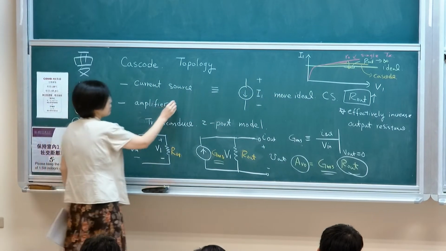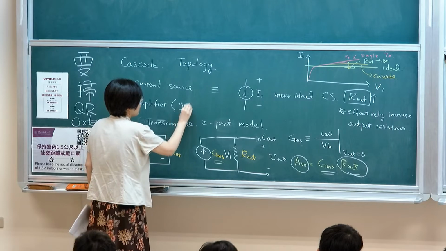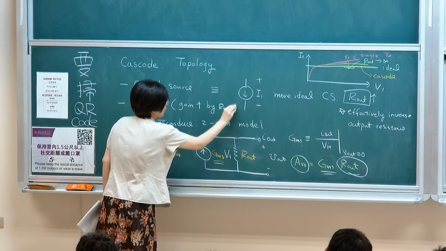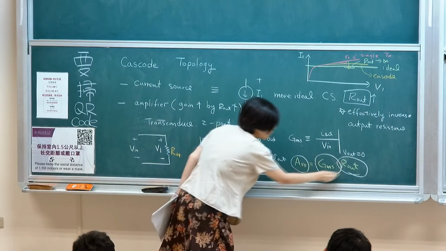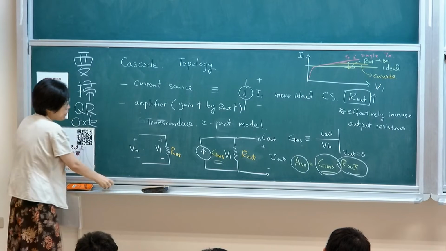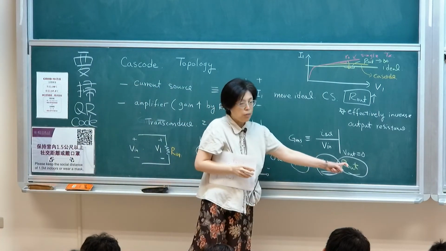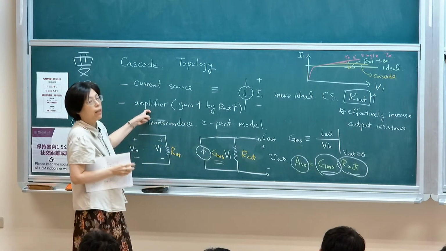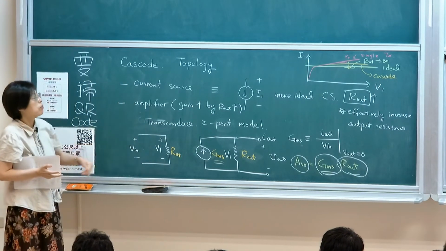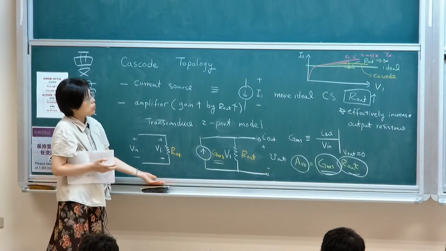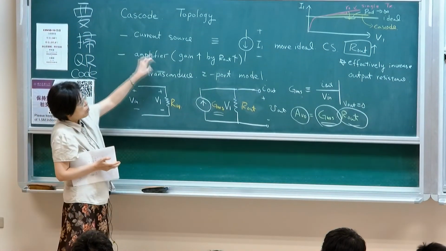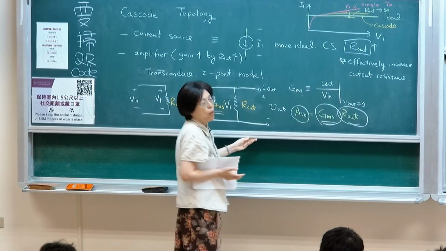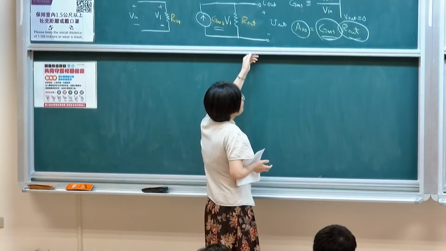As an amplifier, gain can be increased by RL if my transconductance is the same. If I keep the same transconductance and can boost my output resistance to a high level, I can also get a high-gain single-stage amplifier. That's the reason why we want to introduce the cascade structure to boost. By boosting the effective resistance, I could actually increase my overall voltage gain.